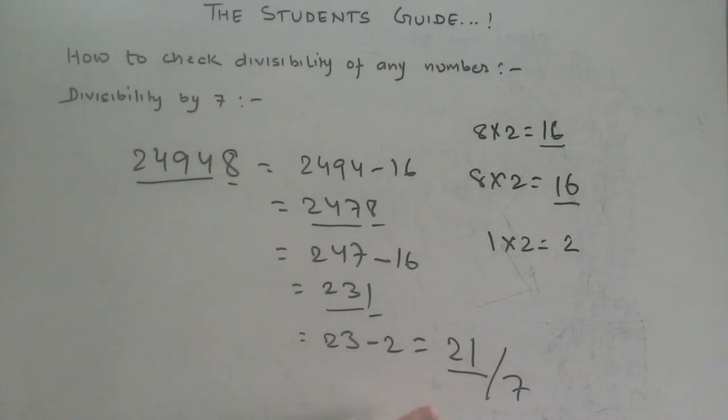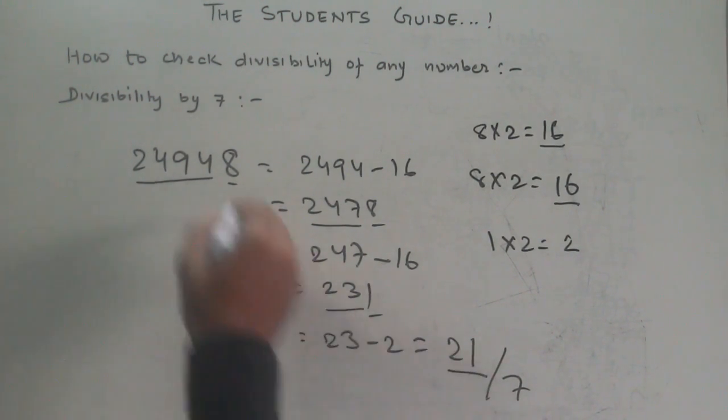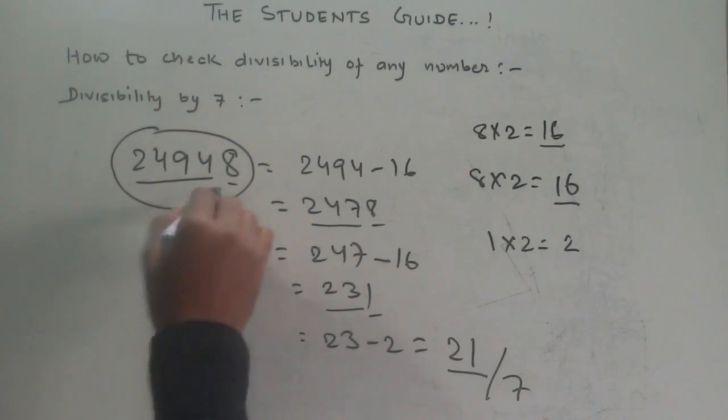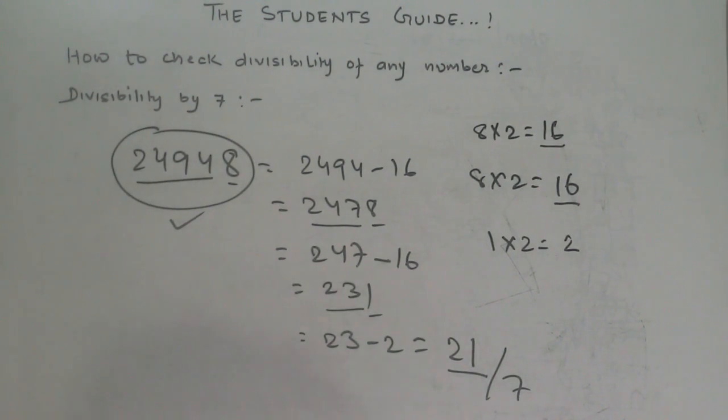So 21 is divisible by 7, so this number is divisible by 7. Okay, you could have got the answer right here only, but if you are not sure, you can proceed further and see if 23 minus 2 is divisible by 7 or not. So 21 is divisible by 7, hence this number is divisible by 7.